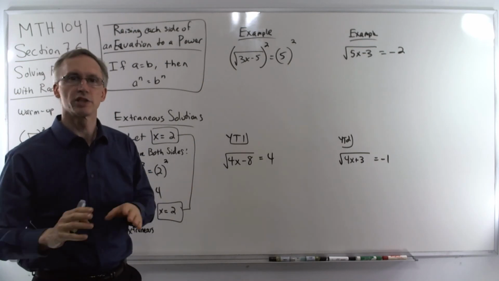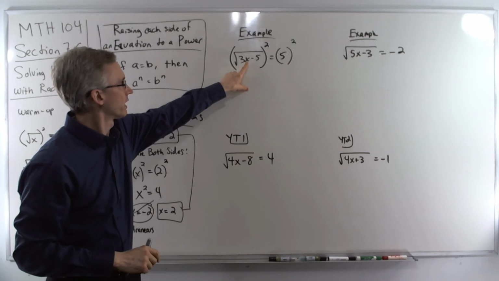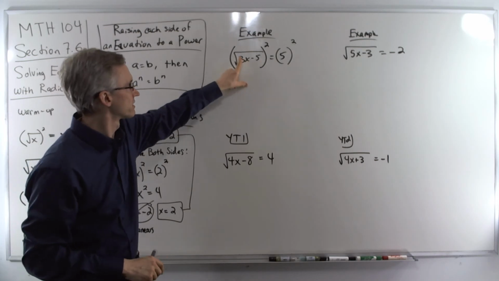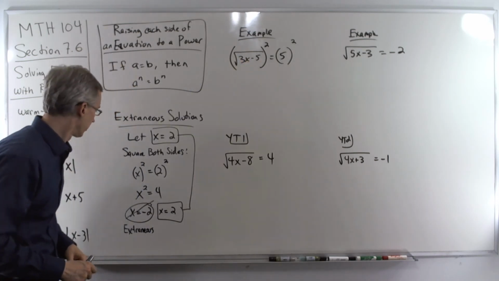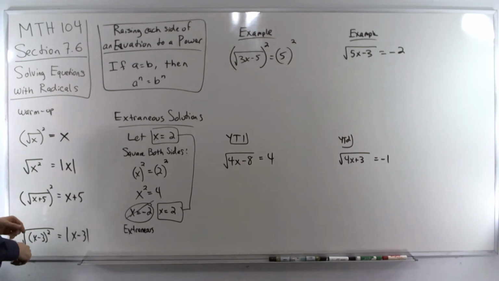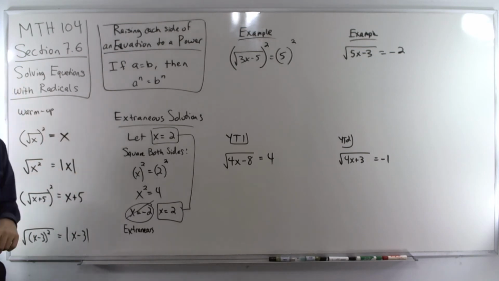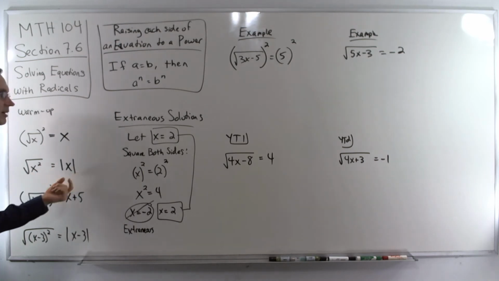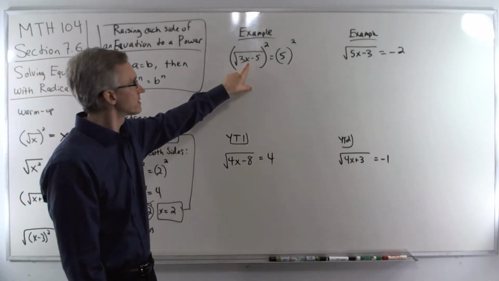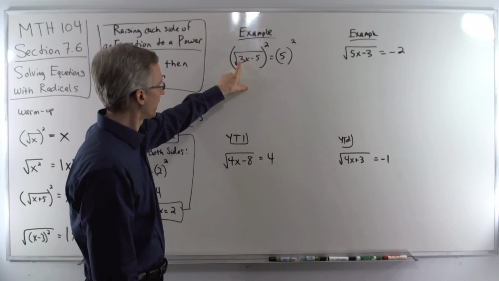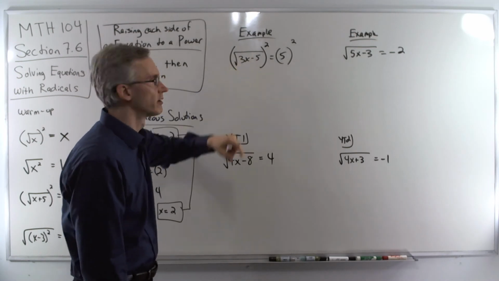So we can just forget about plugging any number in for x that's going to give us a negative here. And that eliminates this problem here, where you get a negative number, square it, it turns positive, take the square root, and you get a positive value, which doesn't match the negative value we had on there. That's why we need the absolute values here. But that cannot arise here because we cannot have a negative value underneath the radical.